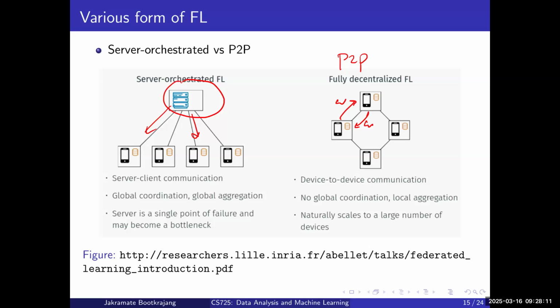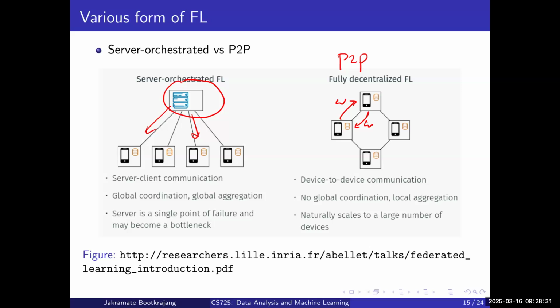you can scale infinitely. You can always scale because you don't need a server, you don't need someone to help combine all the updates for you. But the challenge would be how you would update.